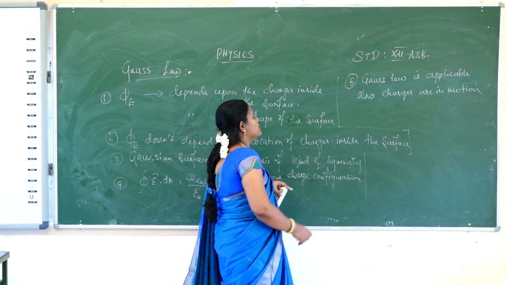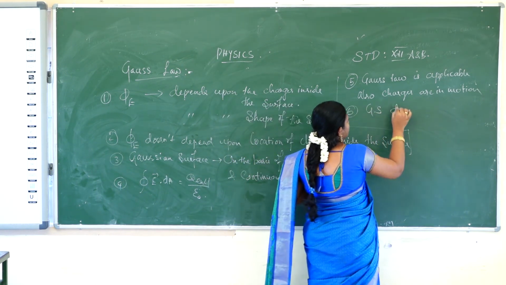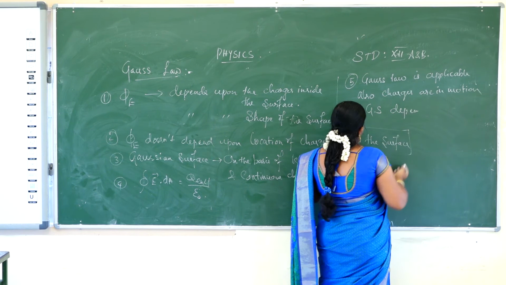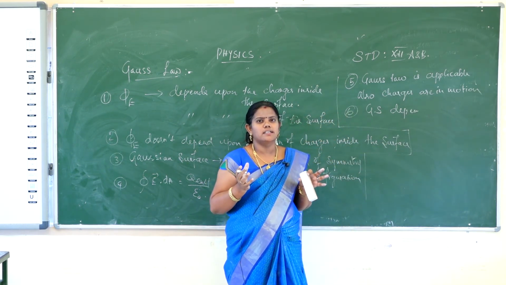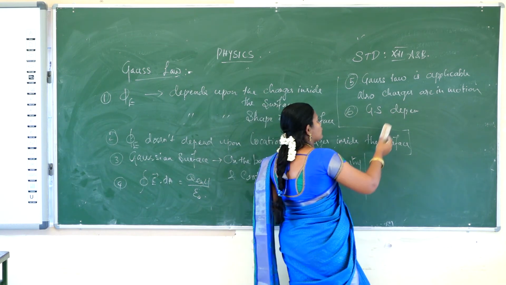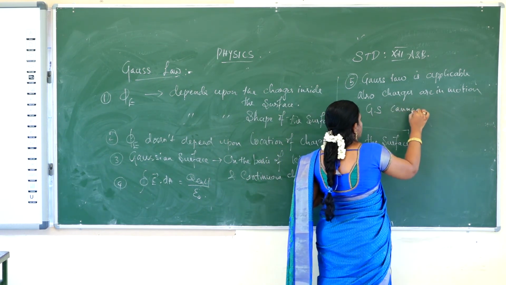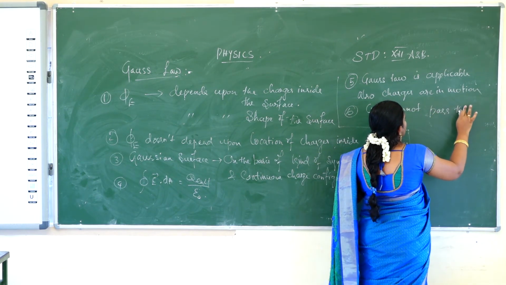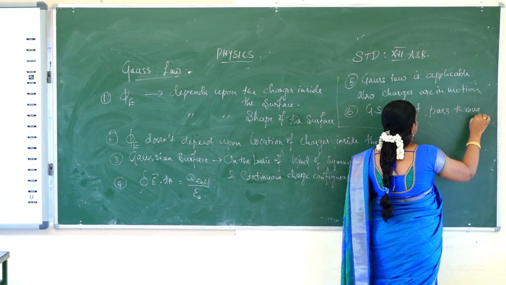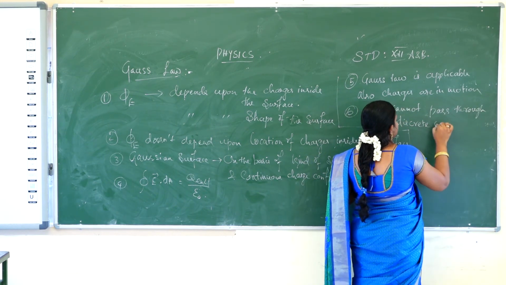And then the sixth point, the Gaussian surface cannot easily pass through discrete charges. What is the meaning of discrete charges?